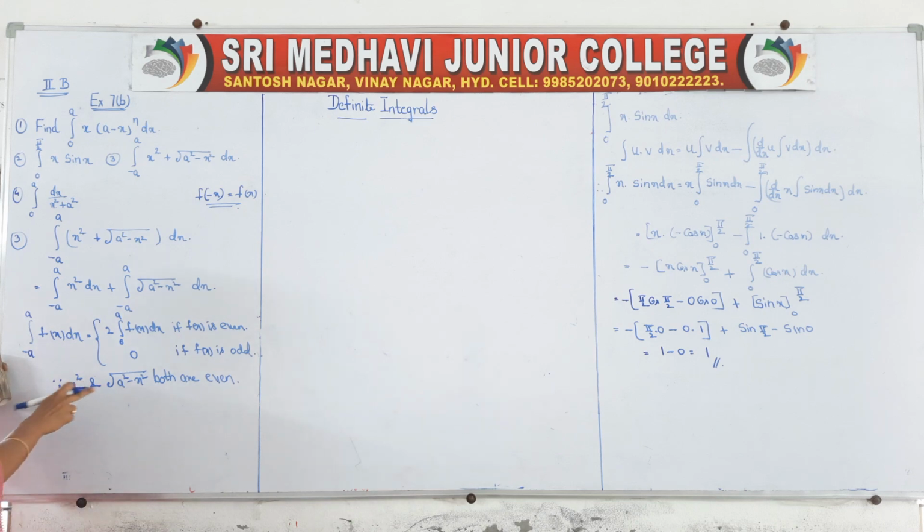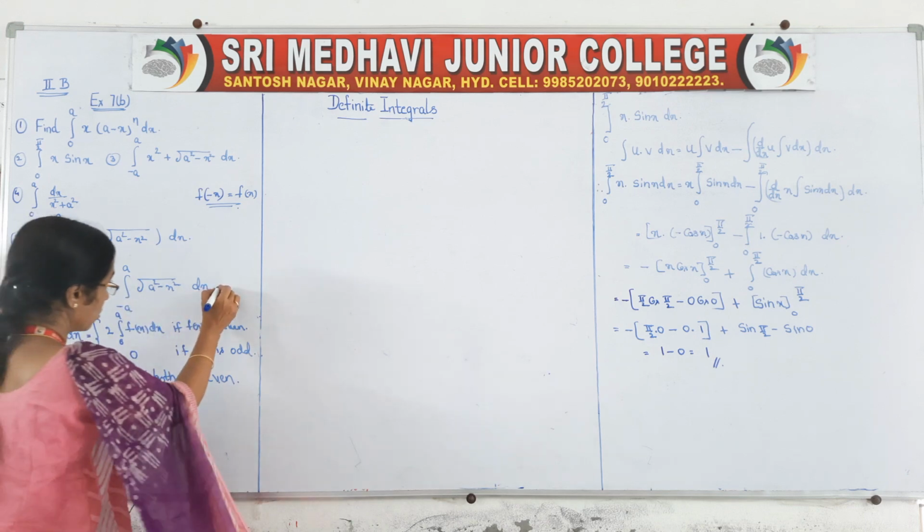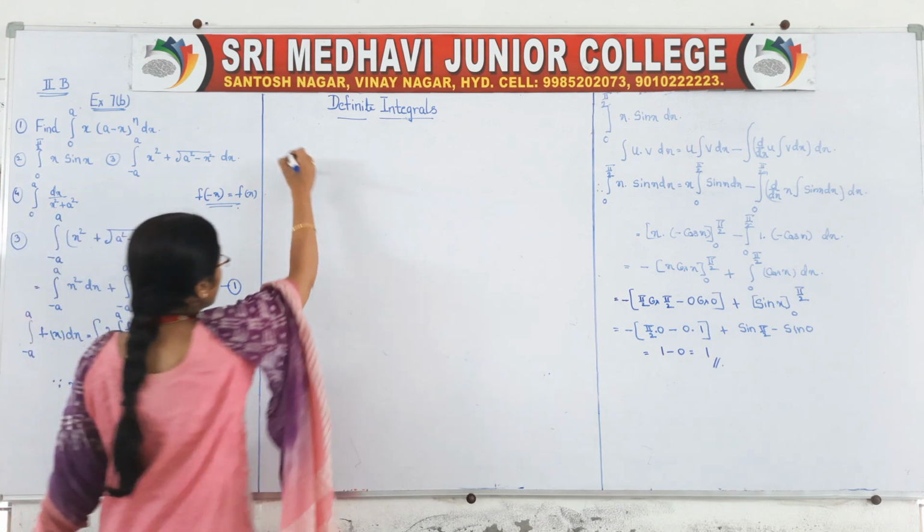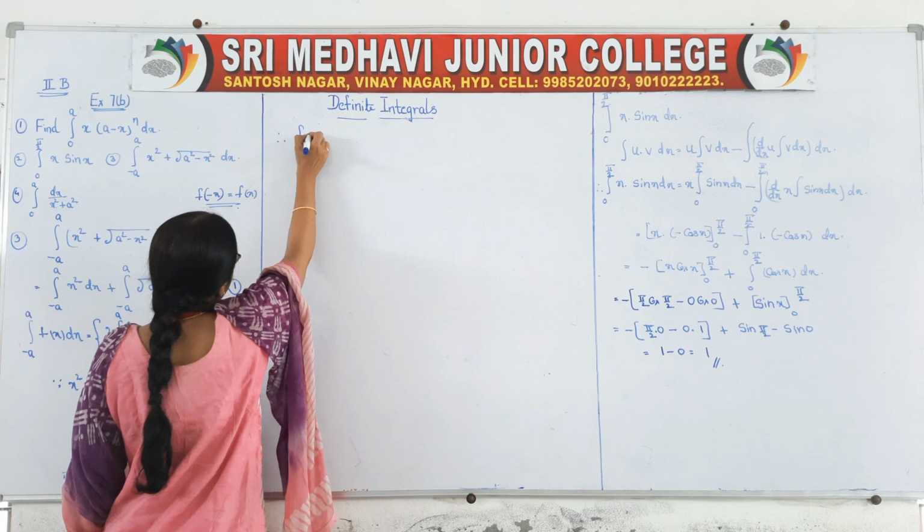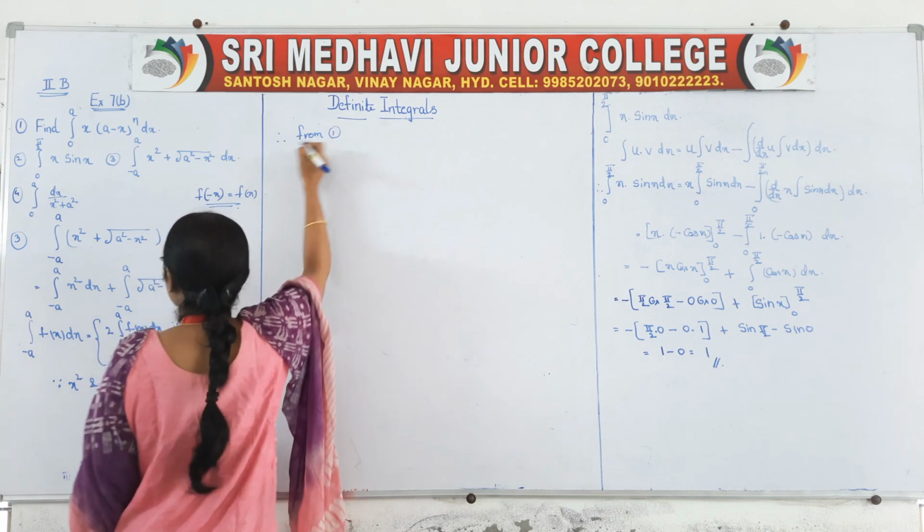For that reason, these are even. So what happens to these values now? This becomes 2 times the integral from 0 to a of x square dx. This also becomes 2 times the integral from 0 to a of root of a square minus x square dx. So this is 1. Therefore, from 1, what happens to your value?